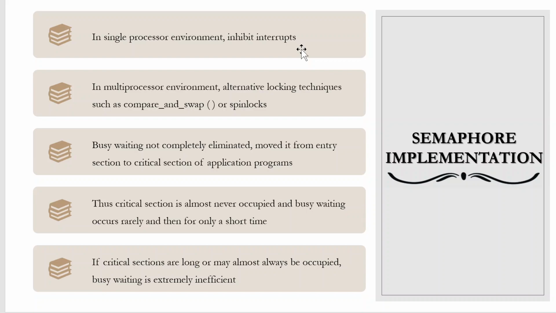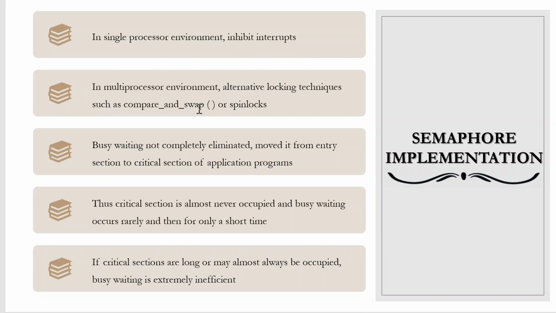This scheme works in a single processor environment because once interrupts are inhibited, instructions from different processes cannot be interleaved. Only the currently running process executes until interrupts are re-enabled and the scheduler can regain control.